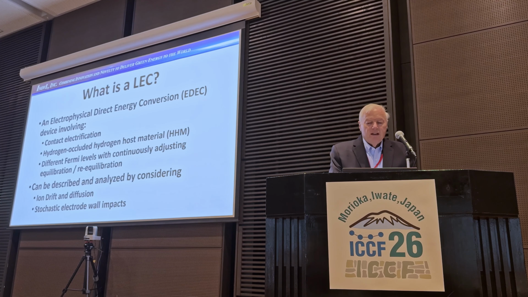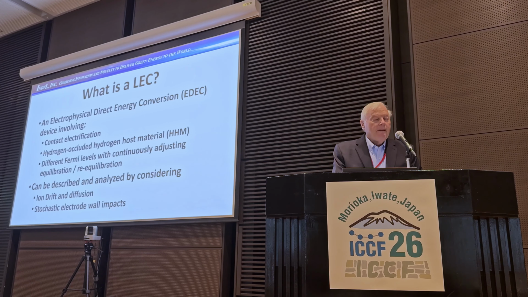We describe the LEC as an electrophysical direct energy conversion device. It involves contact electrification, hydrogen-coated hydrogen host materials, different Fermi levels with continuously adjusting equilibration and re-equilibration. And it can be described by analyzing and considering ion drift and diffusion and stochastic electrode wall impacts.